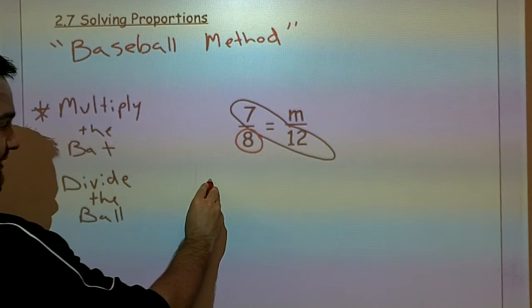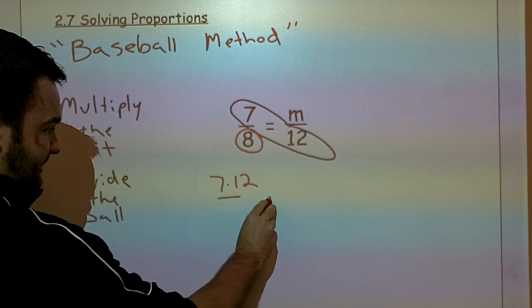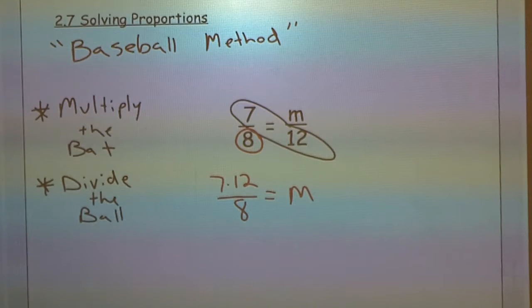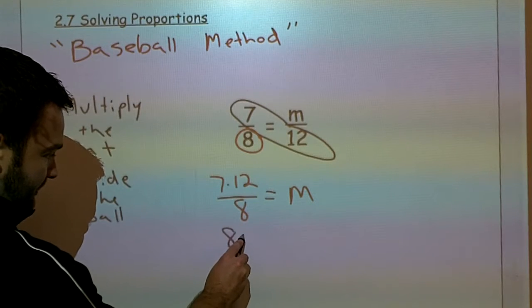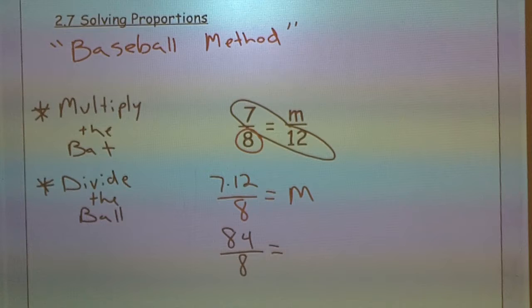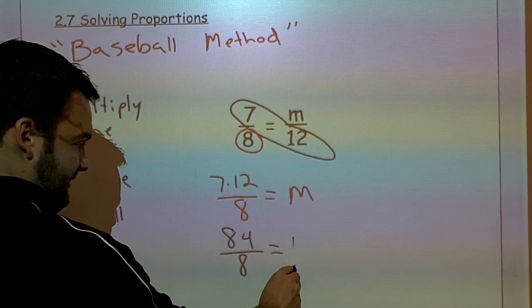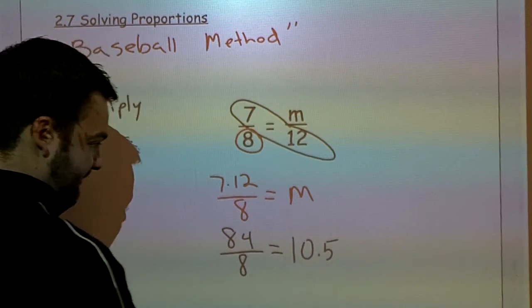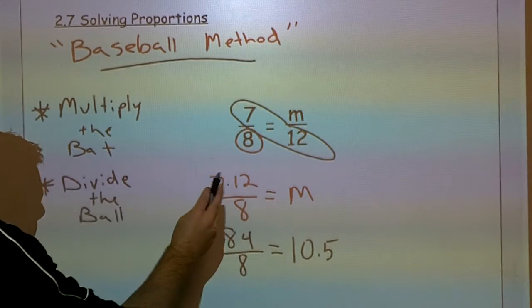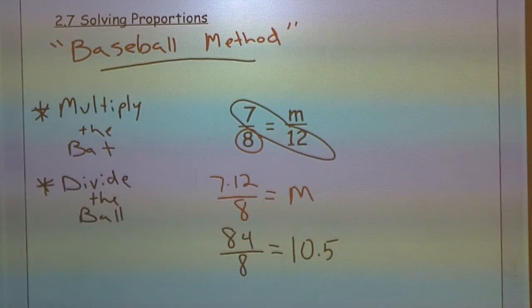So we're going to take 7 times 12 and divide it by 8, and that should equal m, okay? In our case, 7 times 12 gets us to 84 over 8, which simplifies to 10.5. So m is equal to 10.5. Again, this method is called the baseball method. All you do is multiply by the bat and divide by the ball.